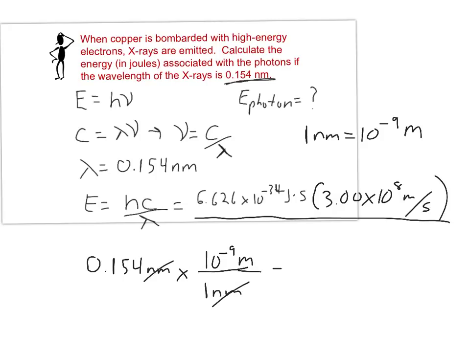Nanometers cancel. I get 1.54 times 10 to the minus 10 meters. So you've got to be mindful of your units. Meters cancel, seconds cancel. You're left in units of joules, and a joule is a unit of energy.